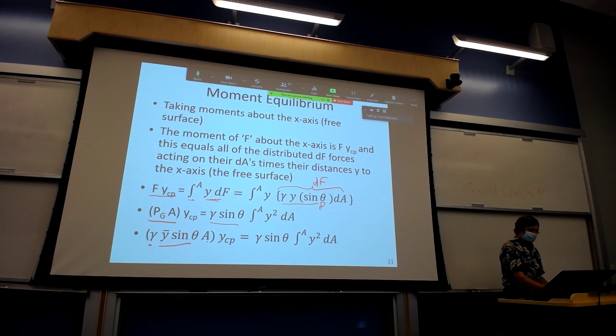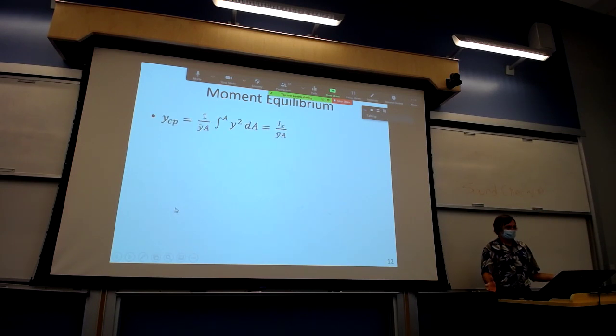And then to get the force, we still have the area. And then the right-hand side basically remains unchanged. But what you can see is gamma sine theta on both sides of this equation are going to cancel. And what we want to do is just solve this equation for yCp, the distance to the center of pressure from the free surface.